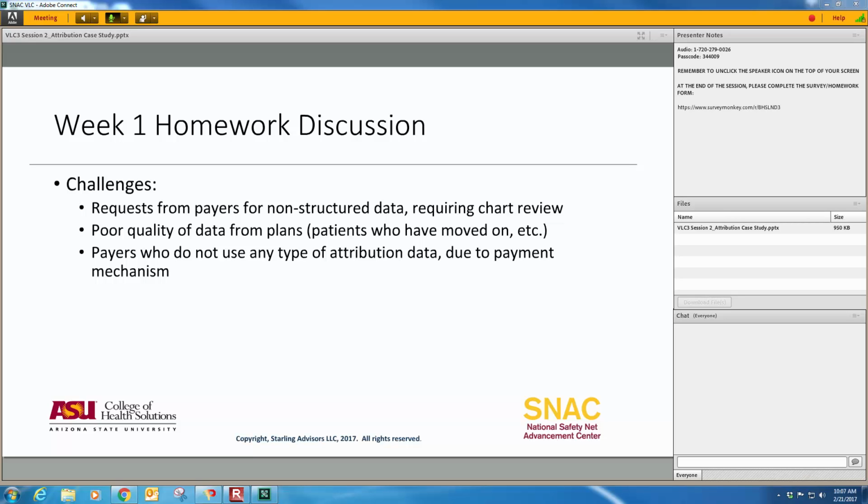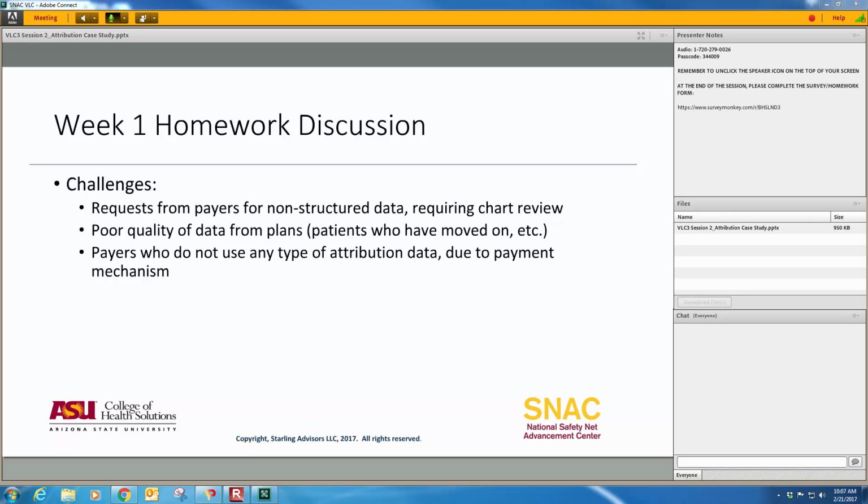Much less so in primary care, but on the oral health side or on the hospital side, and I think even in the Indian health world, they may not be doing this yet. They may not actually be providing you with any sort of attribution data. It's really more a reactive process in terms of how you bill and get paid for those patients.